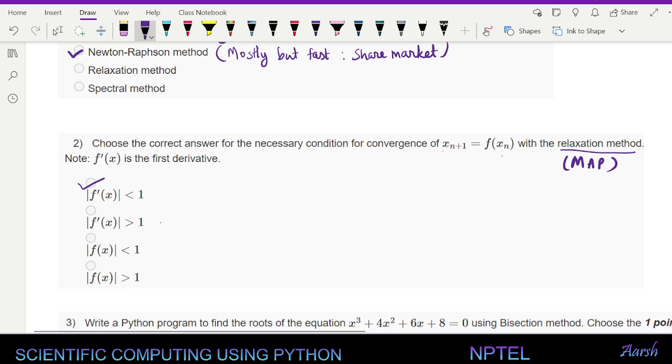We just did that, right? Why? Because epsilon n is the derivative at the fixed point times epsilon n minus 1. So if it is less than 1, then the perturbation is decreasing, and we are converging to the solution. Here it should be given that x is a fixed point of the map, but that's all.